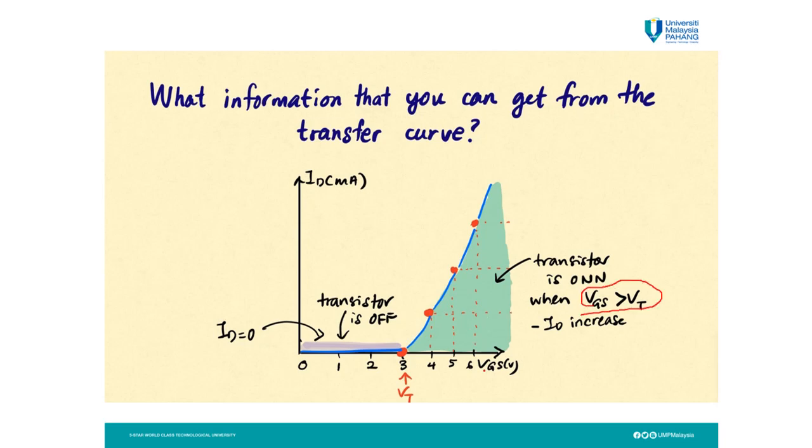For this example, the VT is 3 volt. So as long as VGS is greater than 3, the transistor can be on. However, if VGS is less than VT, the transistor is off. You can see the ID equal to 0.